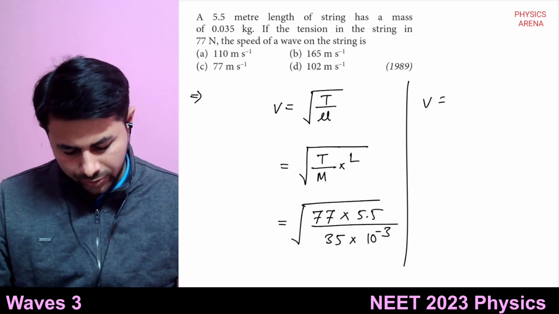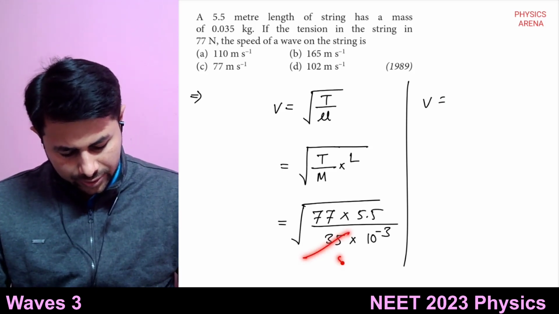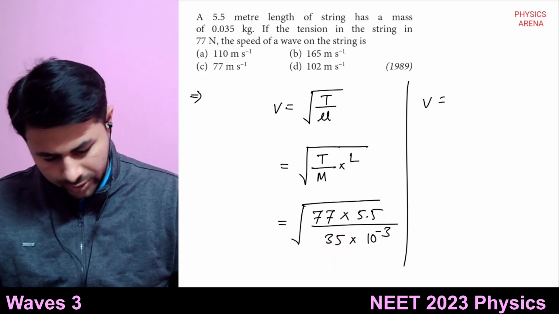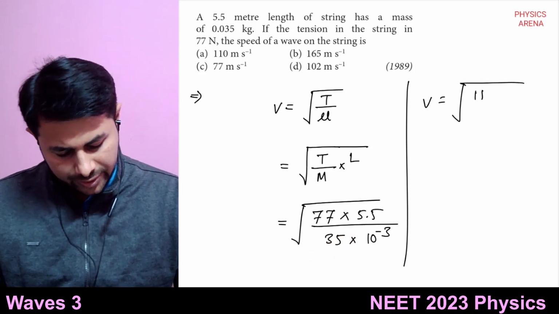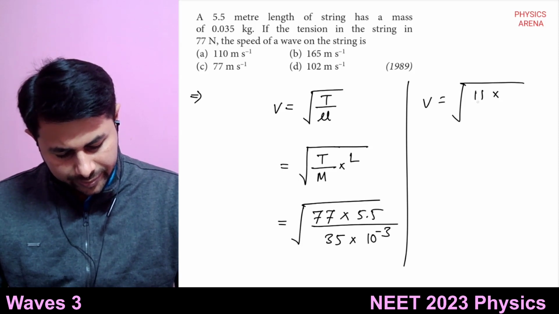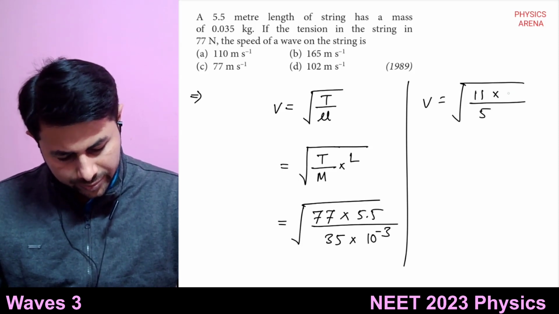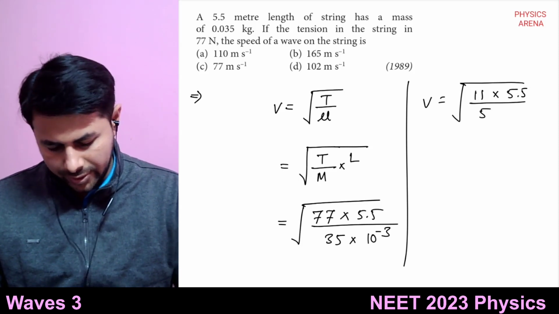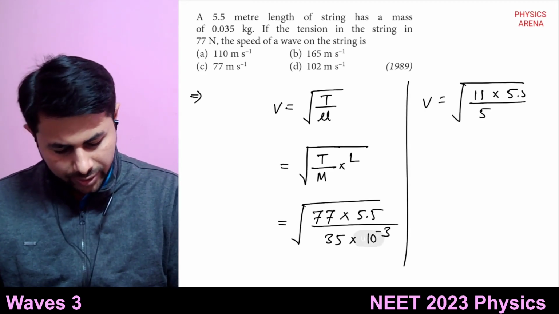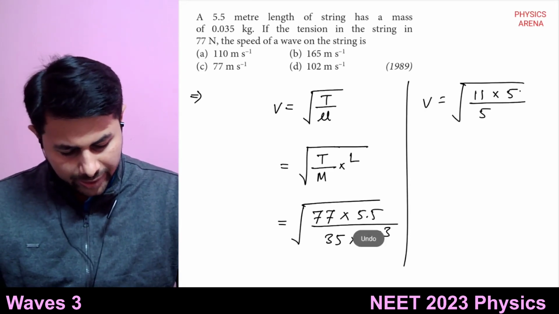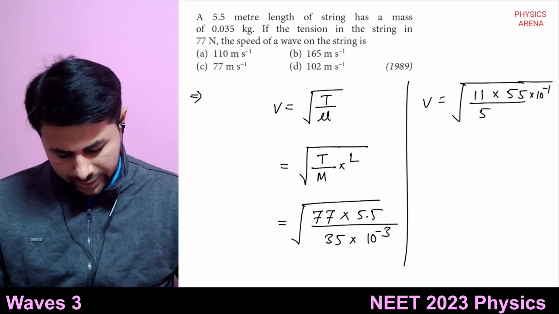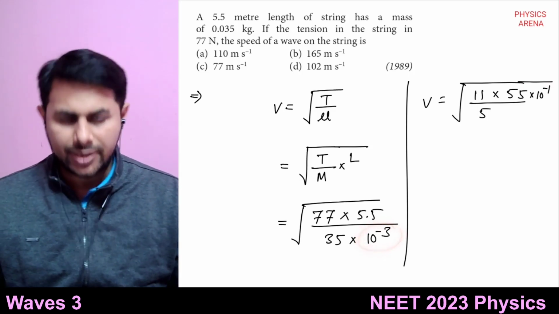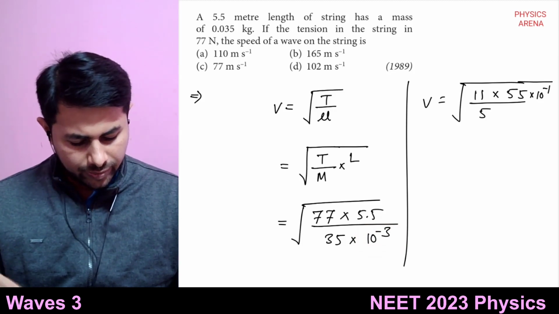We can divide by 7, so 5 will remain there. The numerator will have 77 divided by 7, which is 11, upon this 5, and you have 5.5. Or let's make it 55 multiplied by 10 raised to minus 1. Let's take this 10 raised to minus 3 to the numerator, so it becomes 10 raised to plus 3.